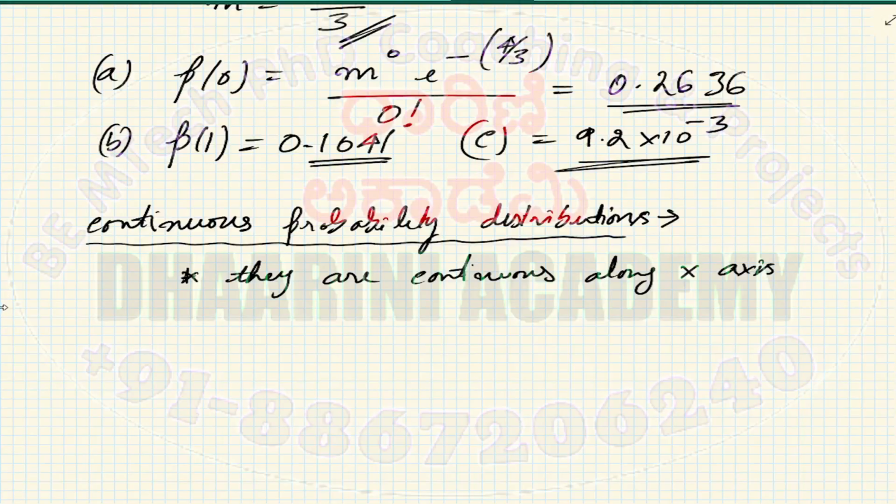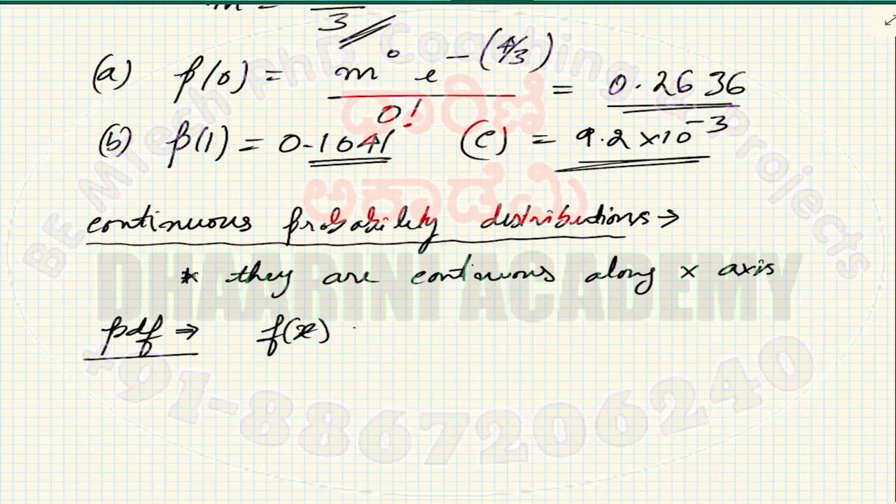Now the probability function, or the PDF, is the P of x we used to write earlier. So f of x is always greater than or equal to 0, and the integral of f of x dx from minus infinity to plus infinity is equal to 1.